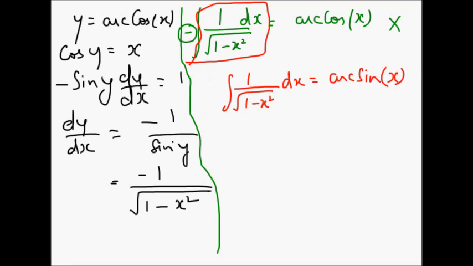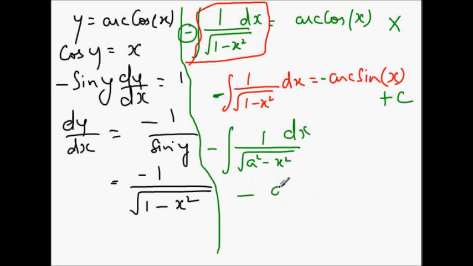So it's just with a minus sign here, so you put a minus sign here. So you don't need to write it as arc cos x, it could be minus arc sine x plus c, and you can always write this as arc sine x. You need to just remember that 1 over root of 1 minus x square is minus arc sine x when you have minus here, otherwise it's just plus arc sine x. Okay, similarly in the same way, if you have minus 1 over root of a square minus x square, then dx, it would be minus arc sine of x over a, as we just did now.